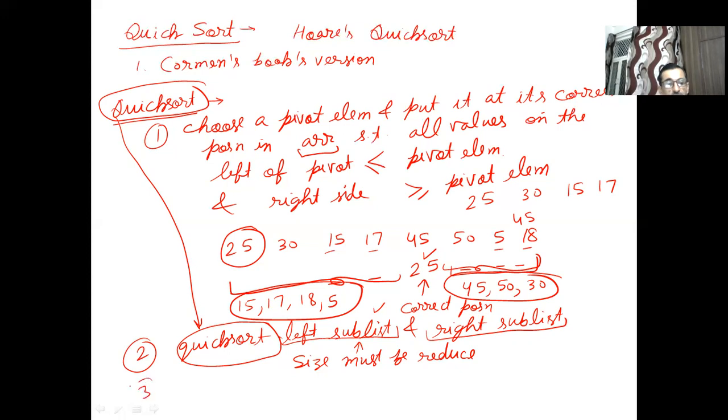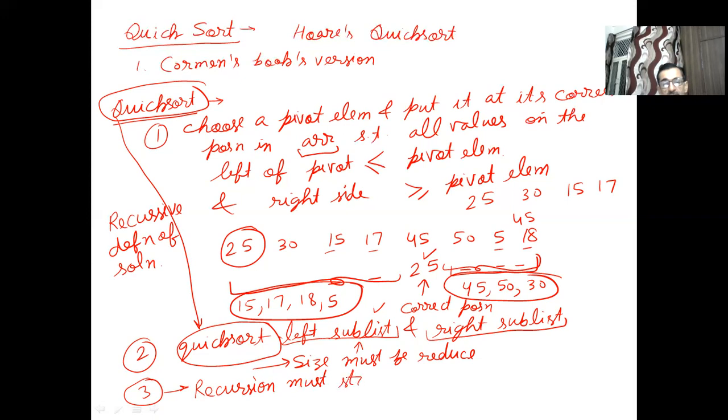And the third condition is that recursion must stop somewhere. Primarily, a recursive solution is feasible if you are able to make a recursive definition, so the solution of the problem must have a recursive definition. That is the first issue. Second is that the size must reduce. And third is that the recursion must stop sometime; it should not be infinite.